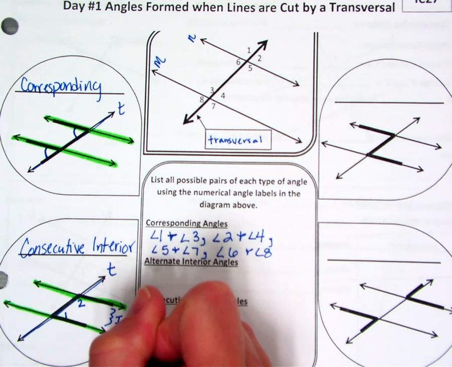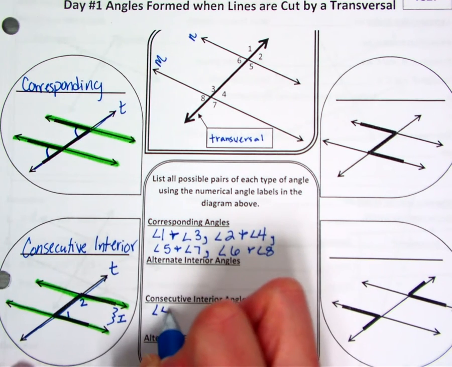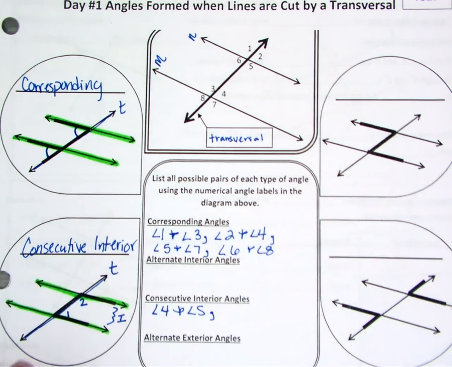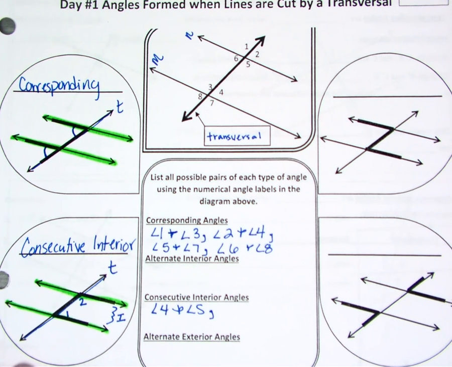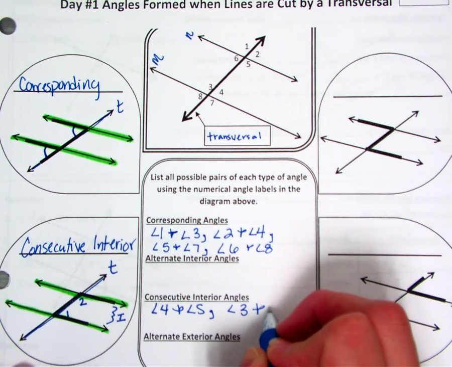This is considered interior, in between our two lines M and N. Okay, up in the picture, that is our angles 4 and 5. So angle 4 would go with angle 5. And consecutive interior on the other side of the transversal would be angles 3 and 6.